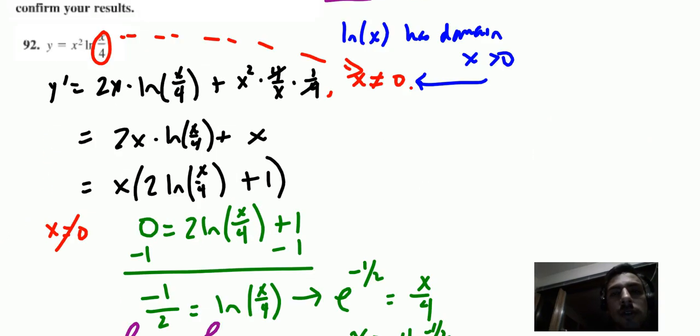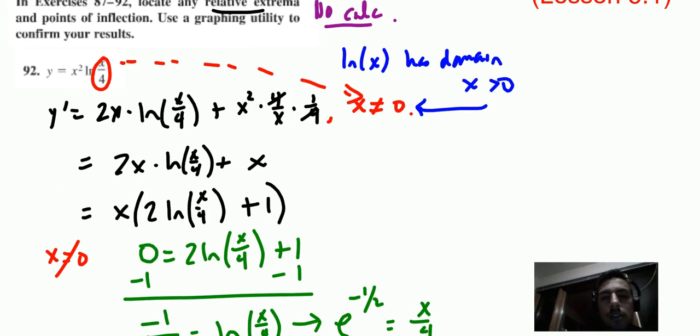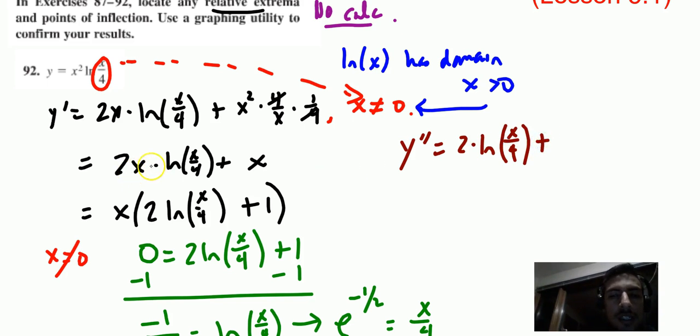So the second derivative will be done in a different color. Let's choose that one. And let's go and take the second derivative. So y double prime is equal to, now it looks like I'll just use this sign, 2 times ln of x over 4 plus, and then 2x times 4 over x times derivative of x over 4, which is 1/4, and then plus 1.